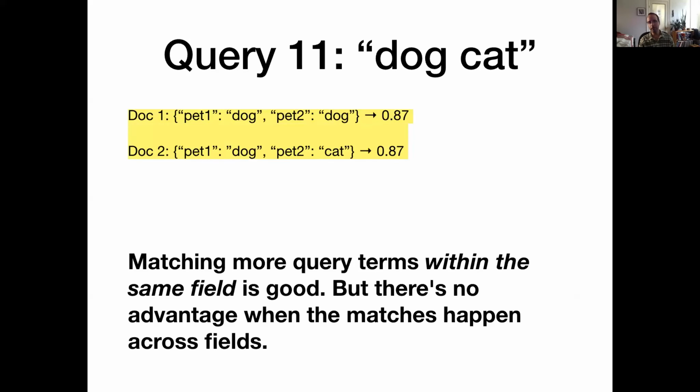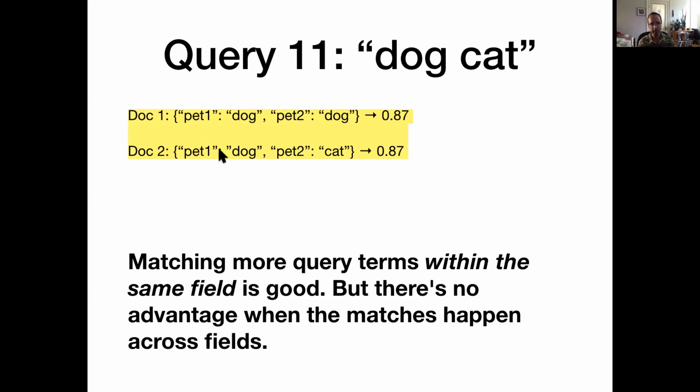The documents are tied, and the reason is because when we evaluate the score for each document, we're evaluating the score for each field separately, and we're summing the scores. So within the pet2 field, dog occurs once, cat occurs once. Neither one of them is going to be considered more valuable. Within the pet1 field, dog occurs twice, and so it's not competing with anything else.